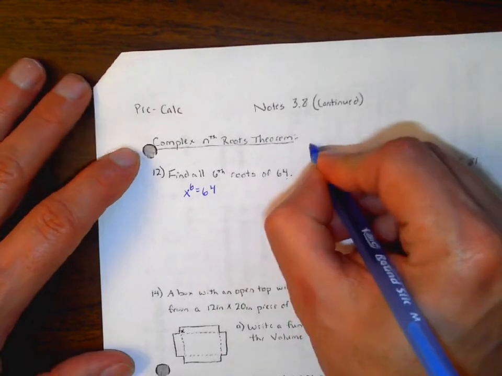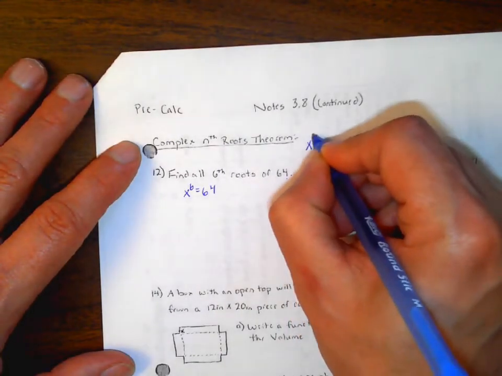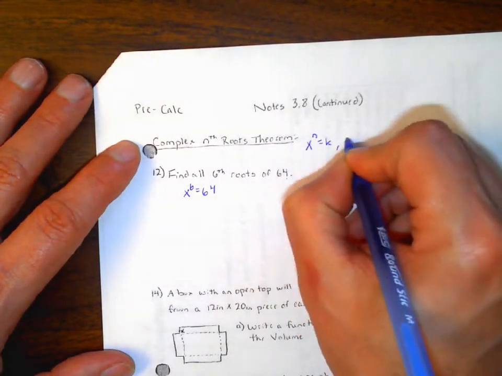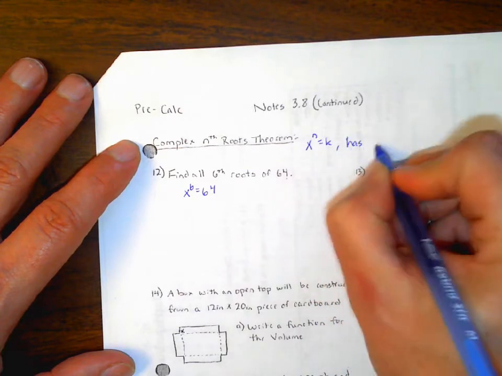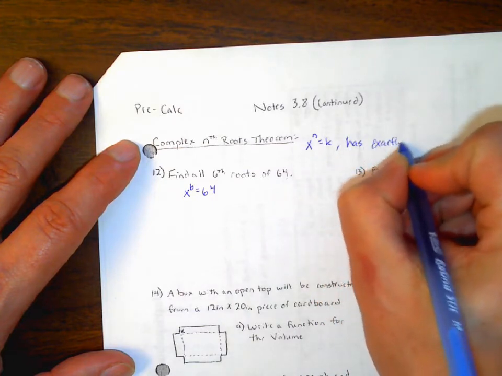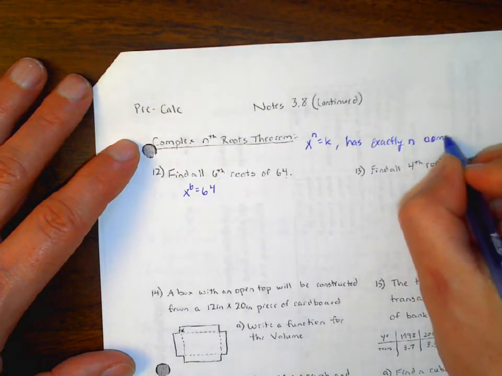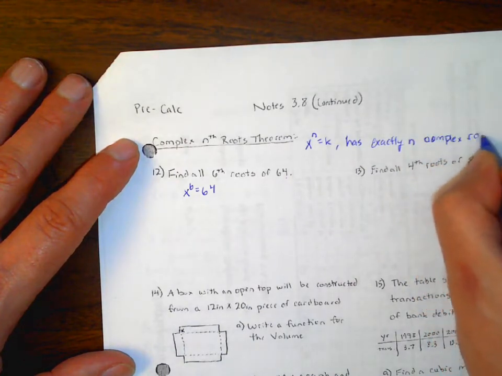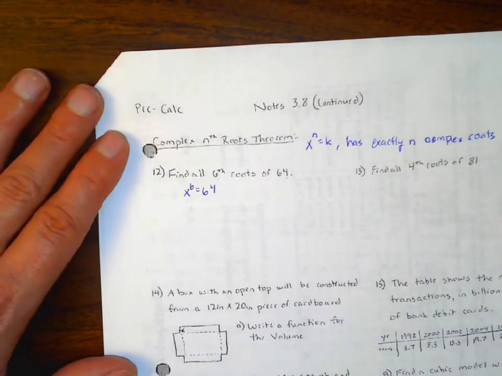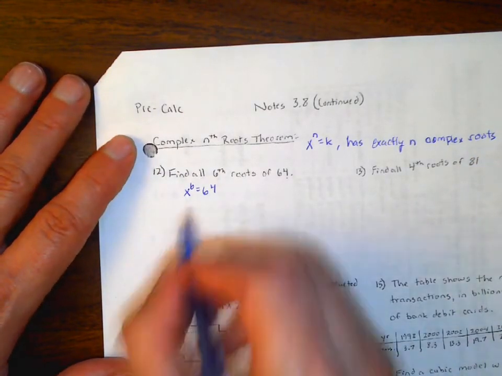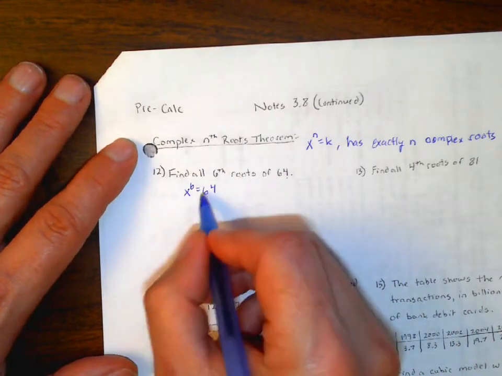The actual theorem says if I have x to the n is equal to k, this has exactly n complex roots. Okay, but if we want to solve this equation here, I'm going to try and use some factoring techniques.